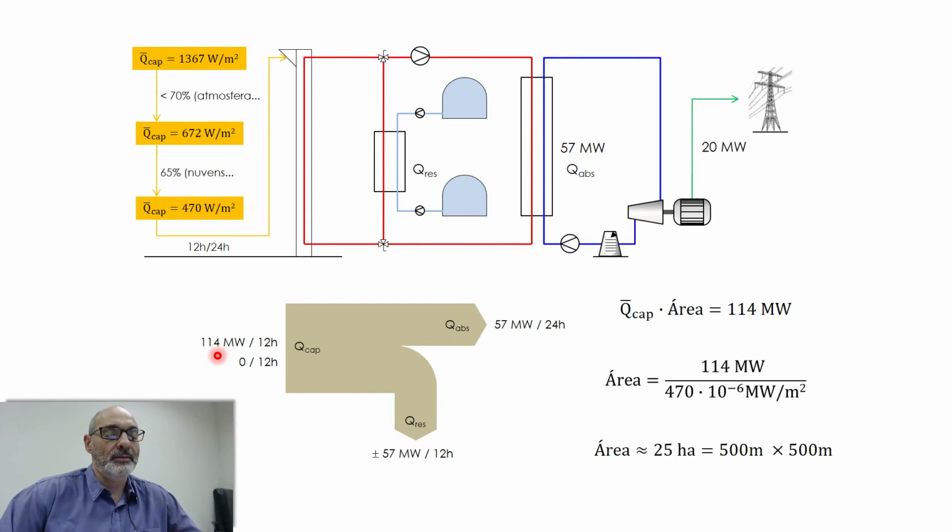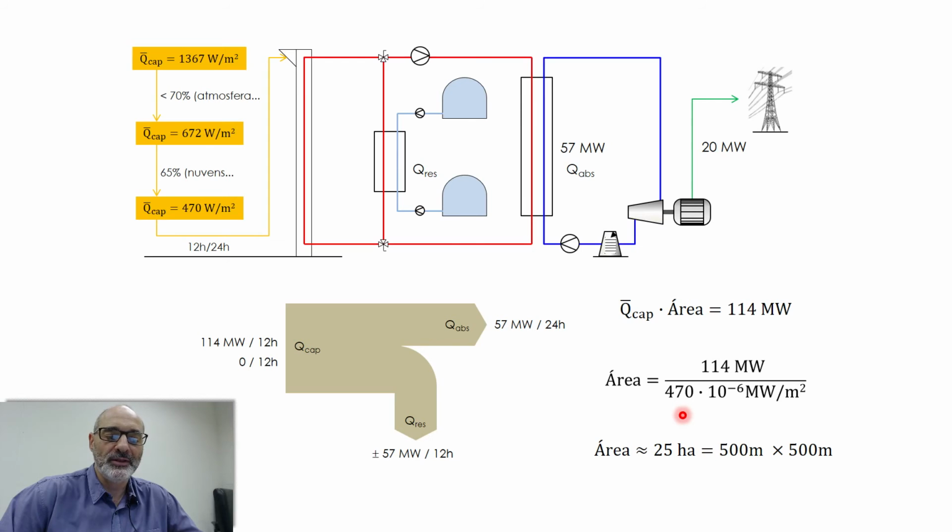Well, we have our number actually, 114 megawatts. Okay, so this is actually equal to the average solar energy, which we just calculated here, okay, times the absorption area. Okay, this must be equal to 114 megawatts.